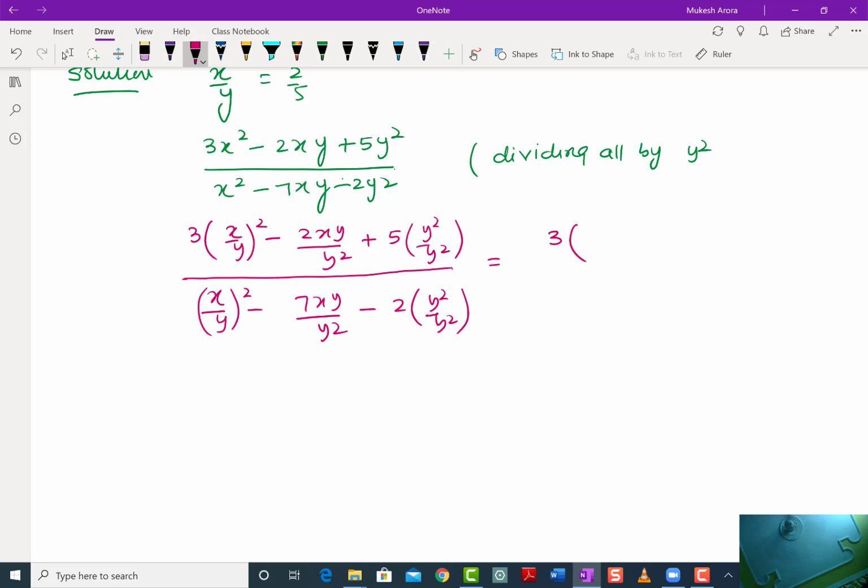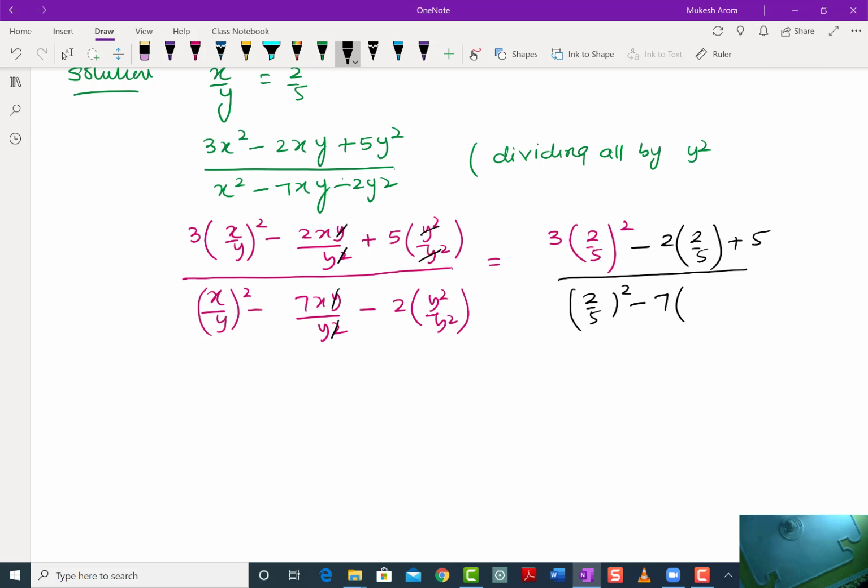3 into x by y, which is 2 by 5, whole square, minus, this y is cancelled, 2 into x by y, 2 by 5, plus this is cancelled, 5, upon this is 2 by 5 whole square minus, y is cancelled, 7 into 2 by 5, again this is cancelled, minus 2.